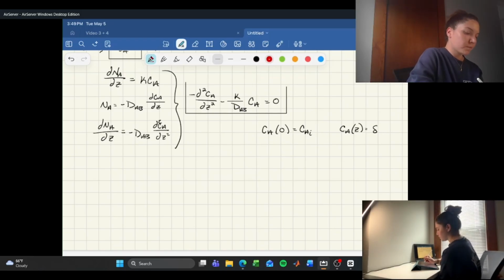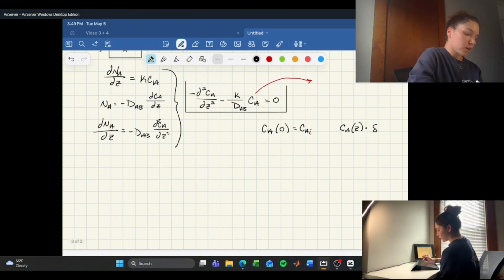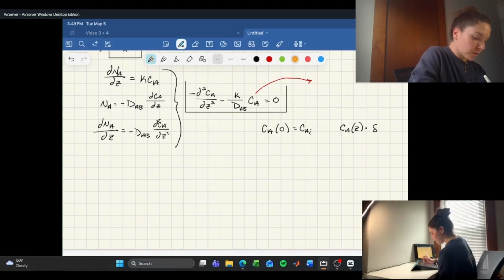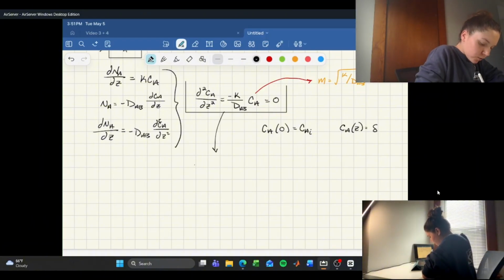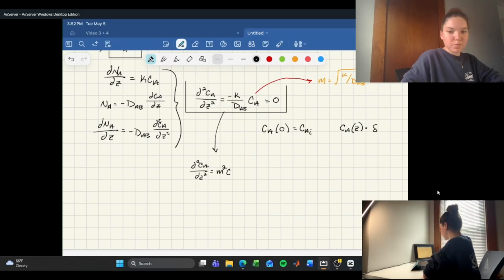So we want to solve for the concentration of A. To do that, we're going to define a variable, let's say it's M, equal to the square root of the reaction rate constant over the diffusion coefficient D_AB. Now if we rewrite this, the second derivative of the concentration is going to be equal to M squared times the concentration.